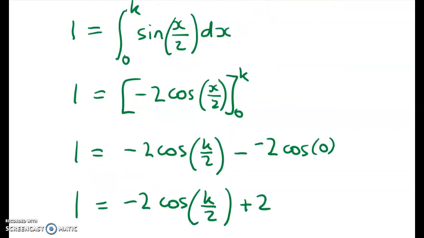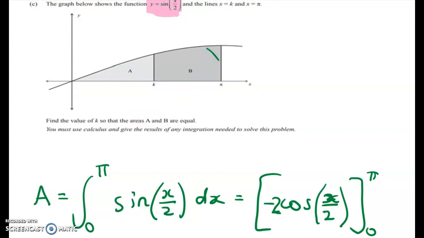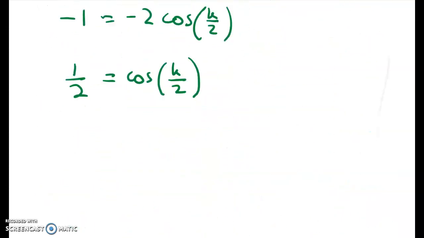And if you just go back and look at what we're looking for, a value of k that is between 0 and pi. So we don't need to worry about the fact that there's a general solution for that cosine equation. We know that we're sitting between 0 and pi, okay?